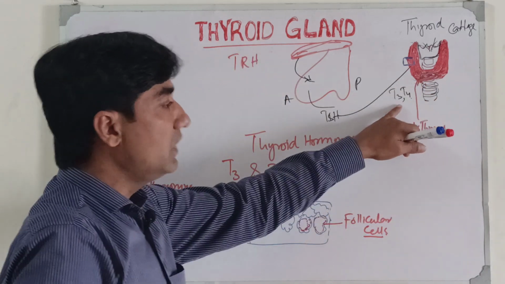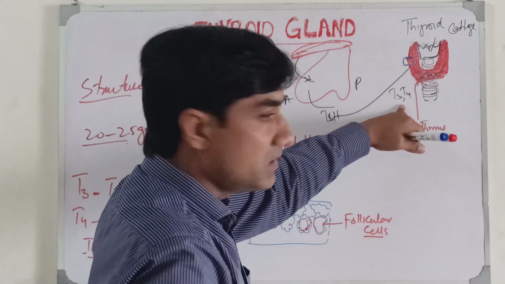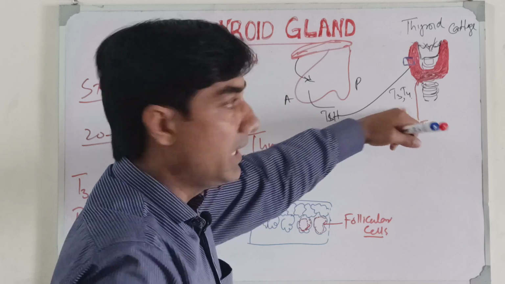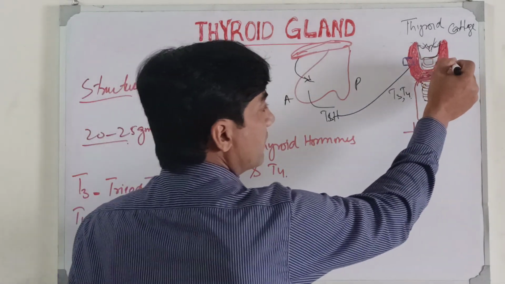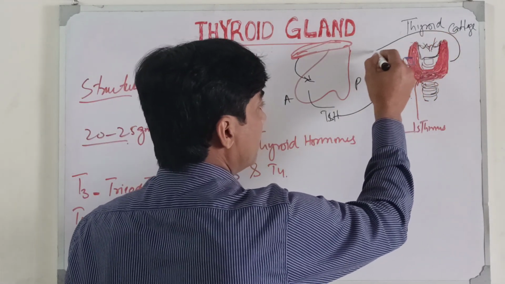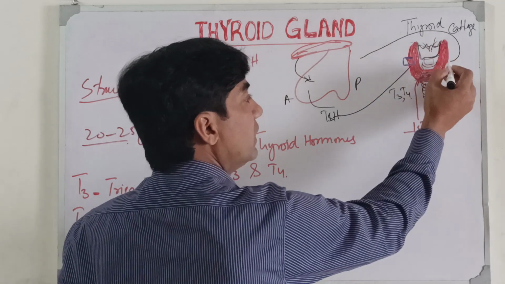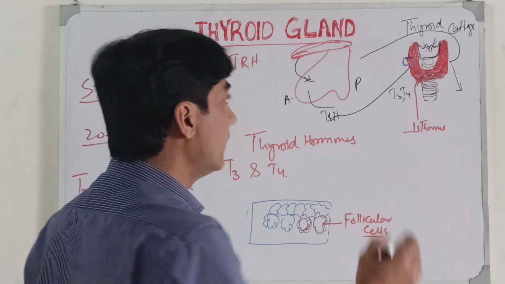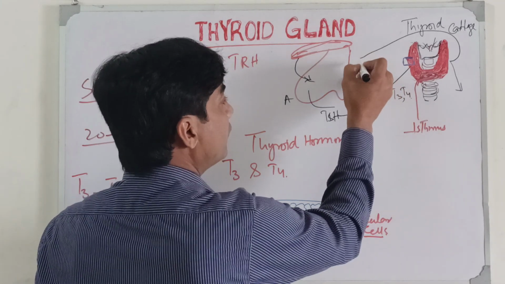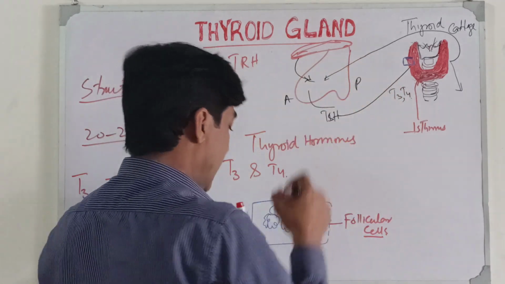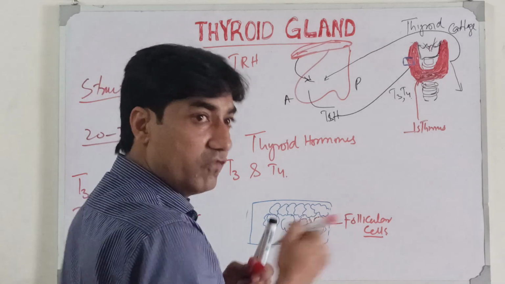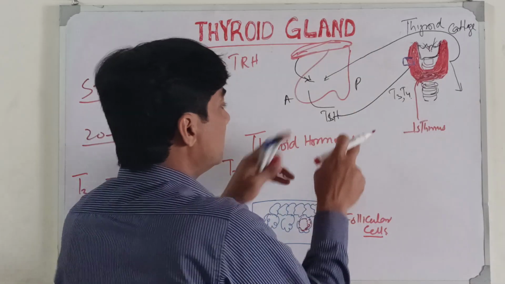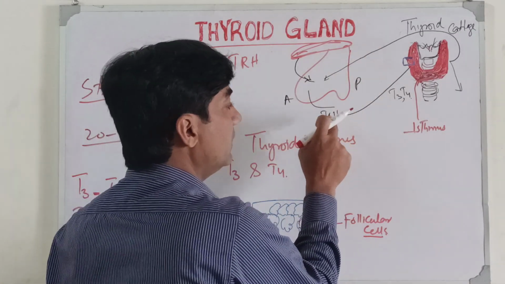When T3 and T4 secretion is raised in the blood, then in response, through a feedback mechanism, it acts on different receptors at different body parts, as well as on the anterior pituitary, and through a negative feedback mechanism it slows down or inhibits the TSH.